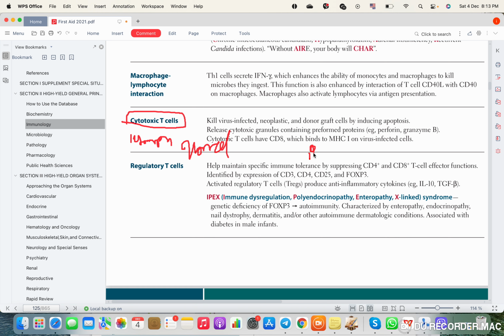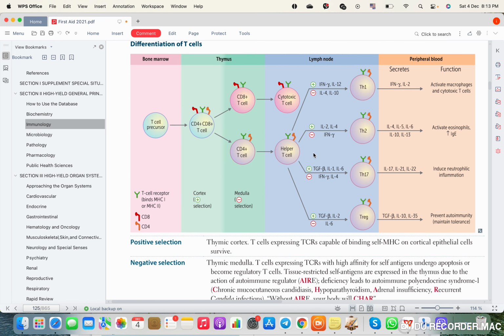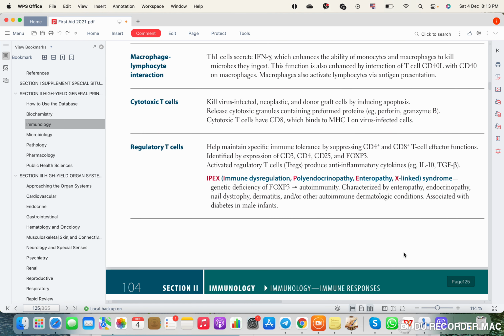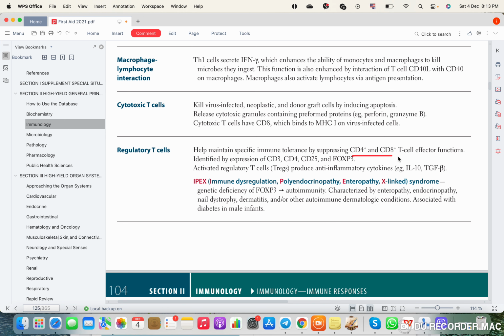The next thing is something called the Treg, regulatory T cells. They help maintain specific immune tolerance by suppressing the CD4 and the CD8 T cell effector function. So these regulators, remember the friend zone guy, he's just dealing with the trash. He has to suppress other guys like the CD4 and CD8 and tell them don't fall into that trap. So it basically decreases their function.